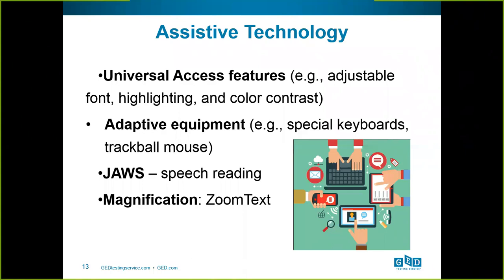If you can imagine, JAWS is really developed for candidates who are blind. So if you're blind, using a mouse is really lost on you because you can't see the cursor. And so what JAWS does is build in all kinds of keyboard shortcuts for the students to use to be able to navigate around the screen.